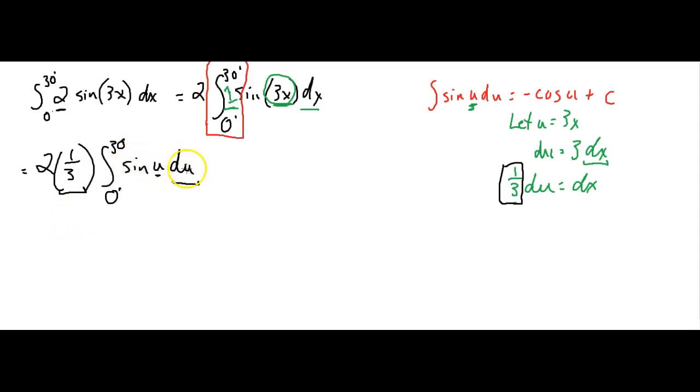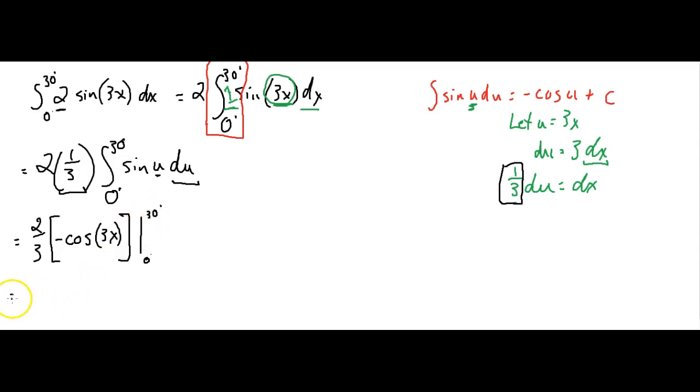And we have a formula for this, which is that it is equal to minus cos u. So let's go back and sub this in, or continue down the next line. 2 times 1/3 is 2/3. We know now that this is equal to minus cos u. And so instead of writing u, I'm going to sub back in the 3x. And this has to be evaluated from 0 degrees to 30 degrees.